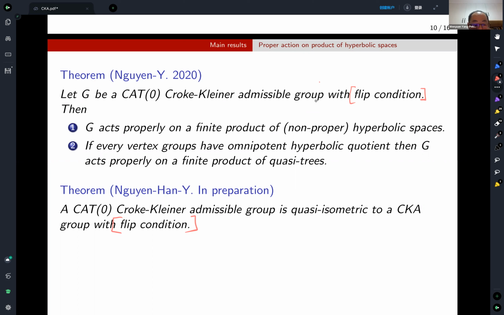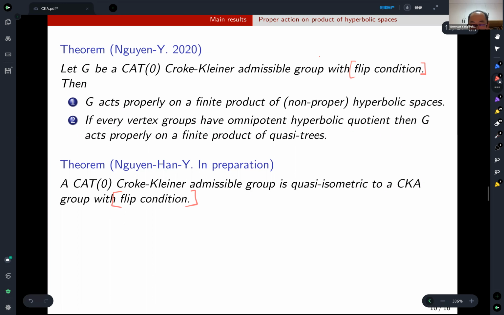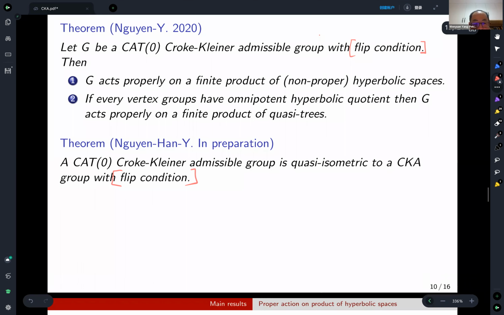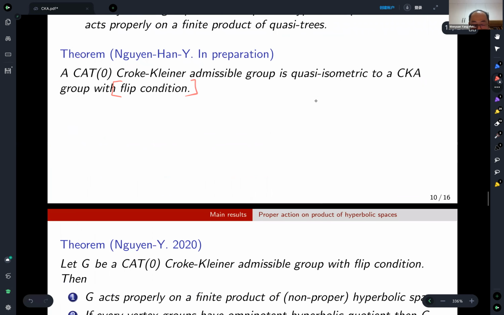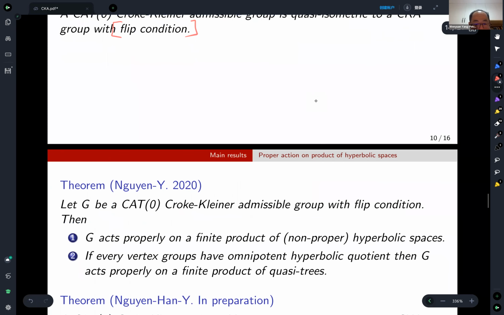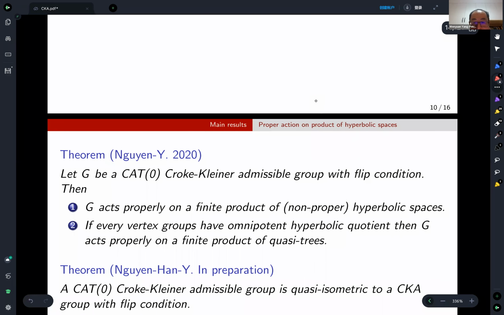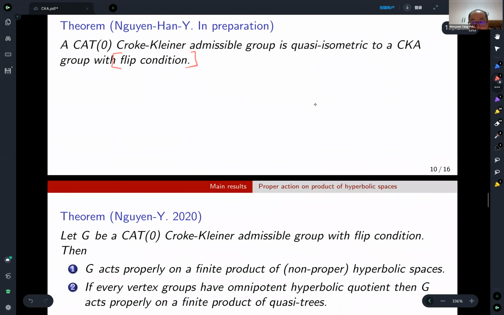So the classification of CK groups reduces to CK groups with a flip condition. This is just some progress towards the quasi-classification of CK groups. So, any questions?